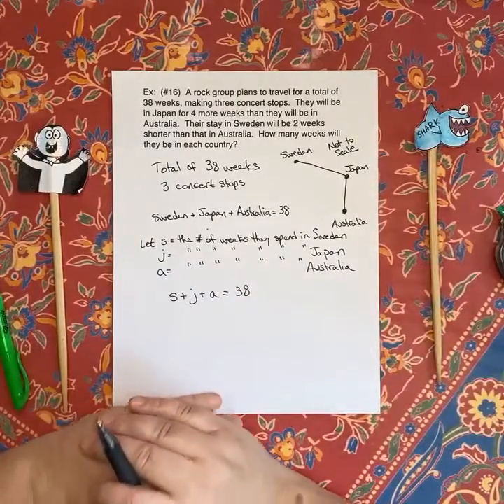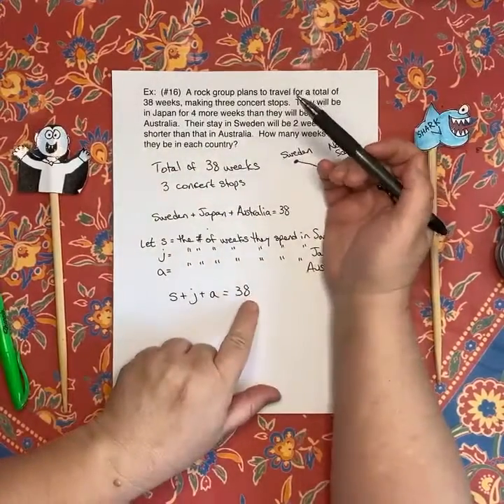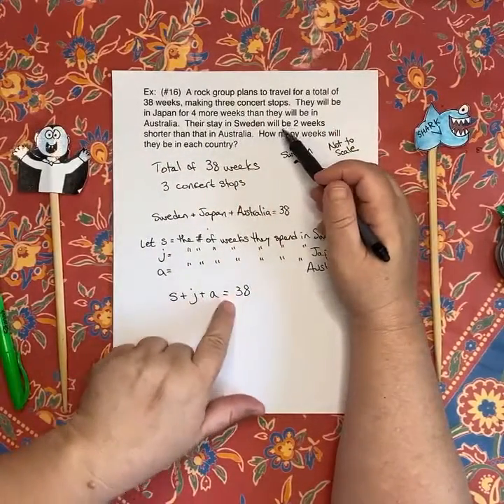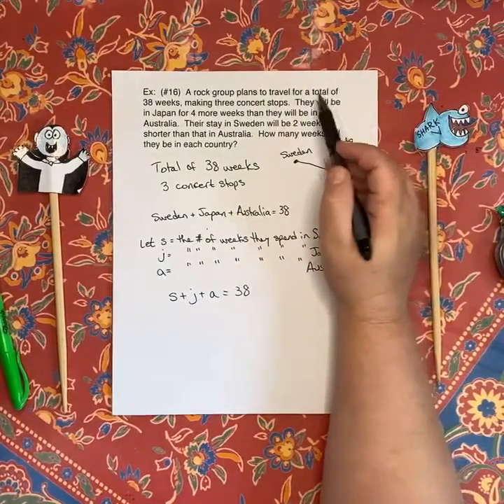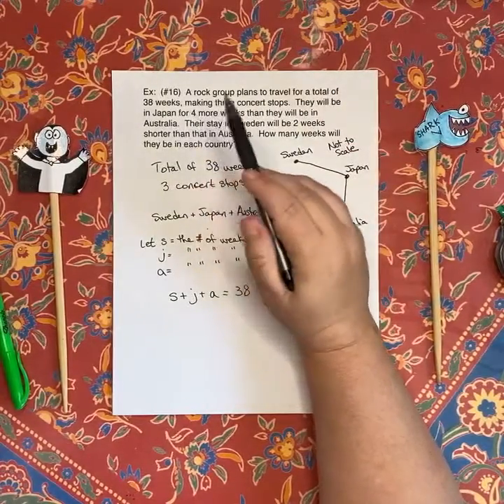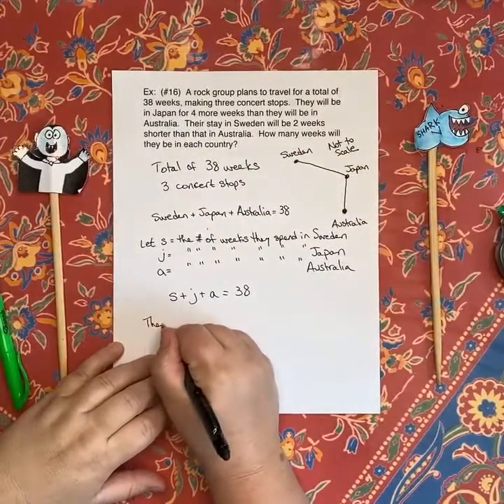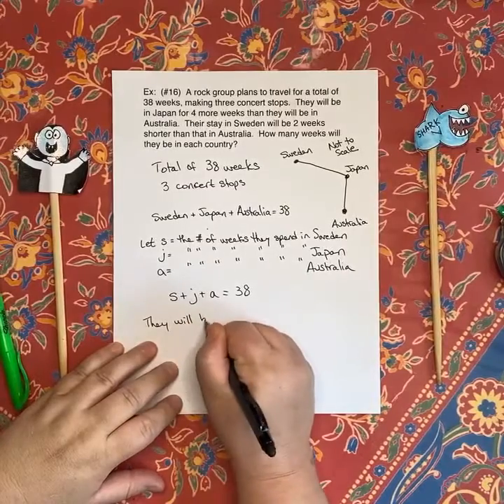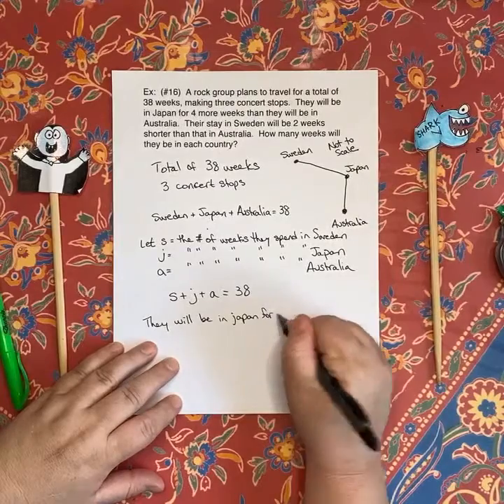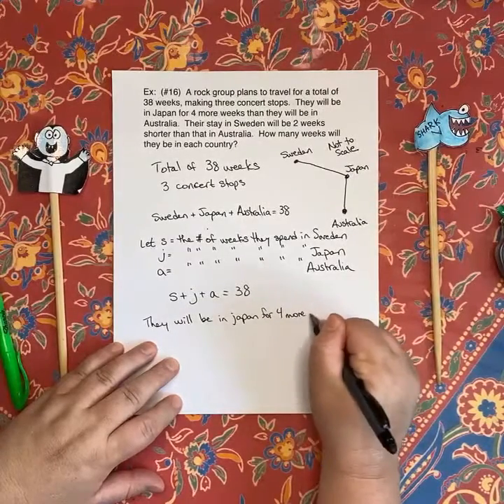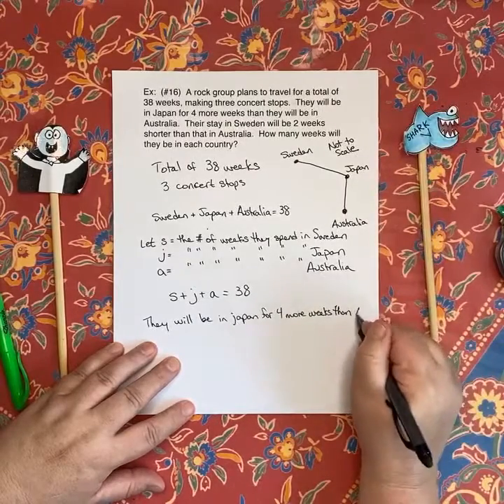So I need to look again at the problem. A rock group plans to travel for a total of 38 weeks. Yep. Making 3 concert stops. Yep. And then I get to the thing that kind of boggled my brain the first time. They will be in Japan for 4 more weeks than they will be in Australia. They will be in Japan for 4 more weeks than Australia.